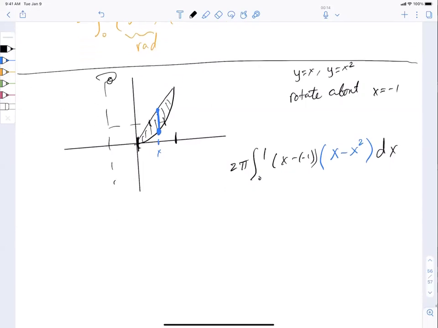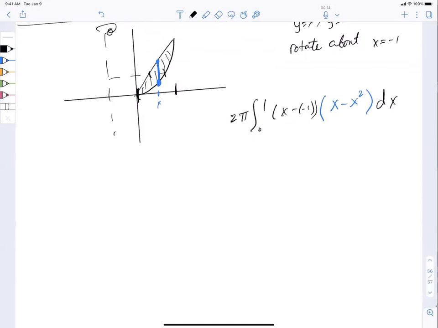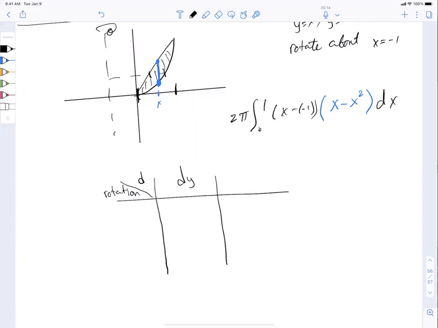So how do we decide on y or x? I usually draw this chart for students. I'm sorry, I don't know why my chart looks bad.